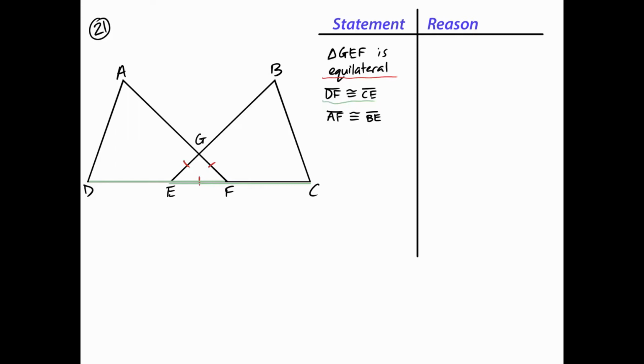I didn't see this when I was trying to prove it the first time, and I got stuck because this is a piece of crucial information that we can't work without. So all of these are given. So marking AF and BE, we'll do that in yellow. AF goes from up here, top left, down to there.